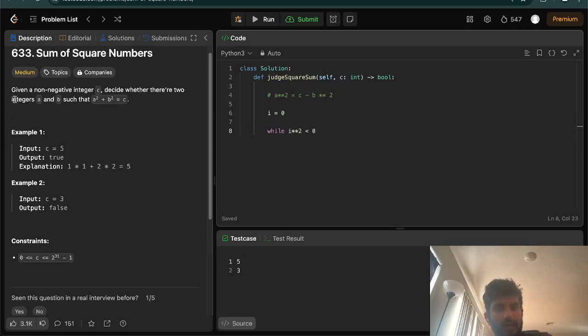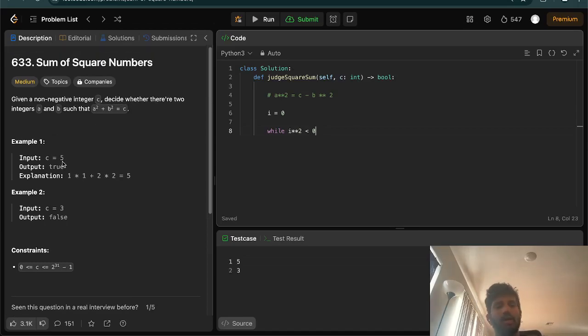This should have said decide whether there are two positive integers, but actually it could be 4, and 4 could be 2 squared plus 0 squared.